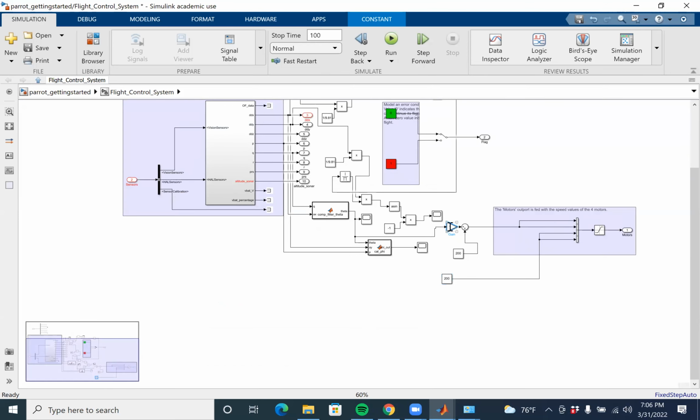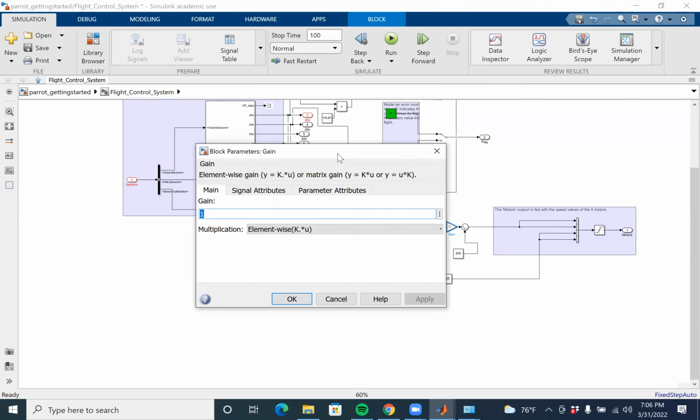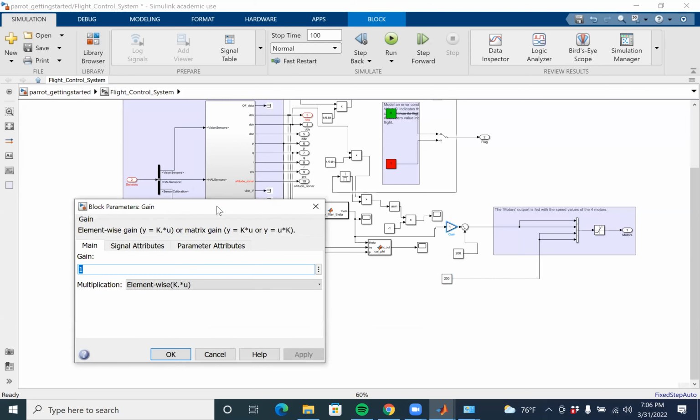And this gain, I do not know if this is in degrees or radians. My implementation is in radians, so I need to choose an appropriate value of gain. I'm hoping that my values would be valid for 15, 20 degrees.